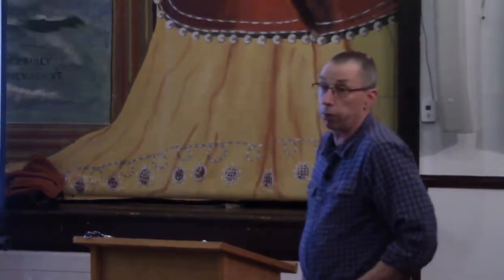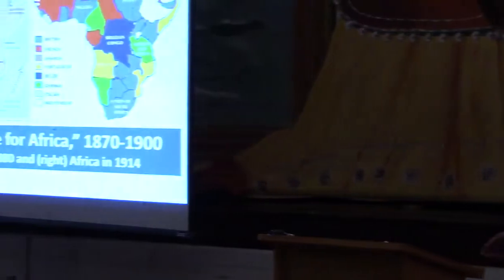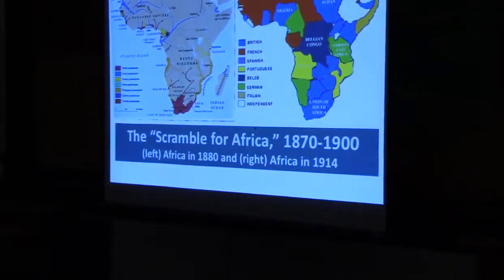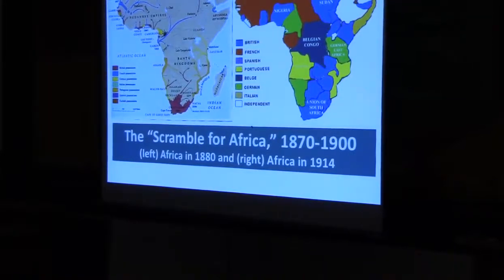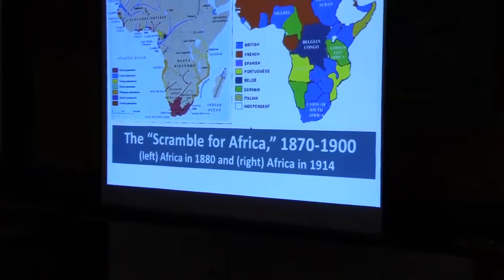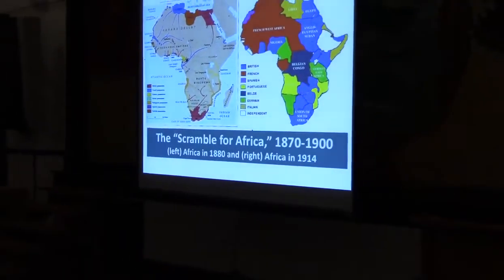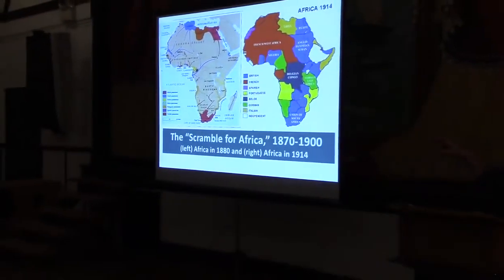The consequence of this is the dramatic transformation of the map of Africa, as you can see between 1870 on the left, when European colonialism in Africa was, with a couple of exceptions, like the British Cape Colony in the south, pretty much restricted to the coastal regions.